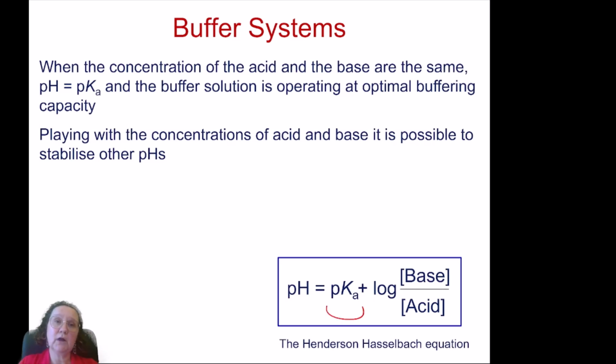So depending on what pH you want to stabilize, let's say that you are doing an experiment that requires certain organisms, you're working with proteins, you're working with something that is sensitive to pH, that needs a particular pH to thrive or to be stable in the case of proteins, then you find a buffer system that will give you roughly that pH.